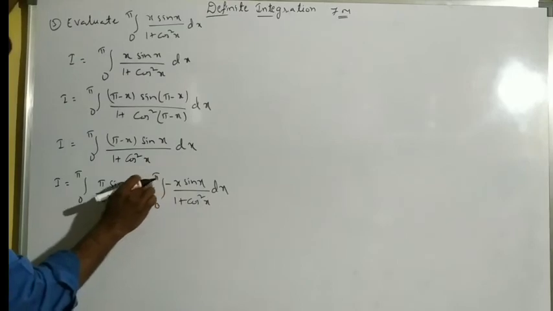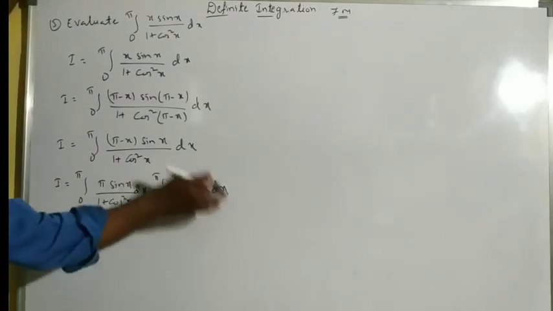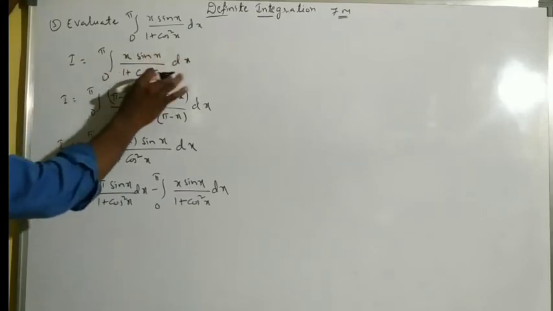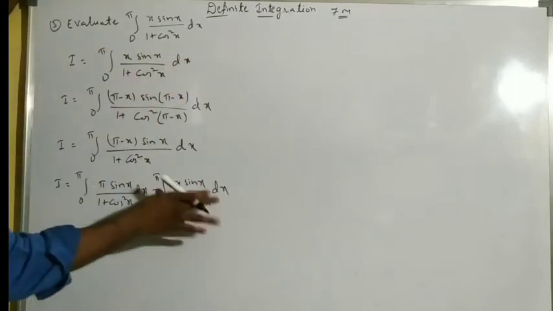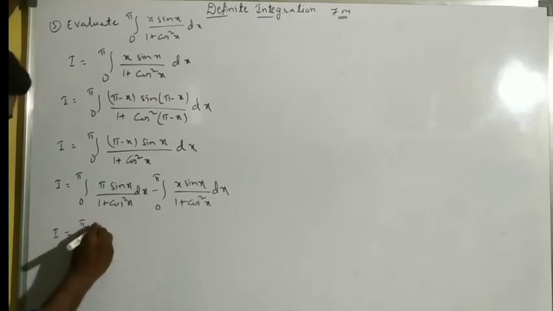When I take this minus here, and this is equal to I, so x sin x by 1 plus cos square x dx is equal to I. That I am going to write here, equal to integral 0 to pi.